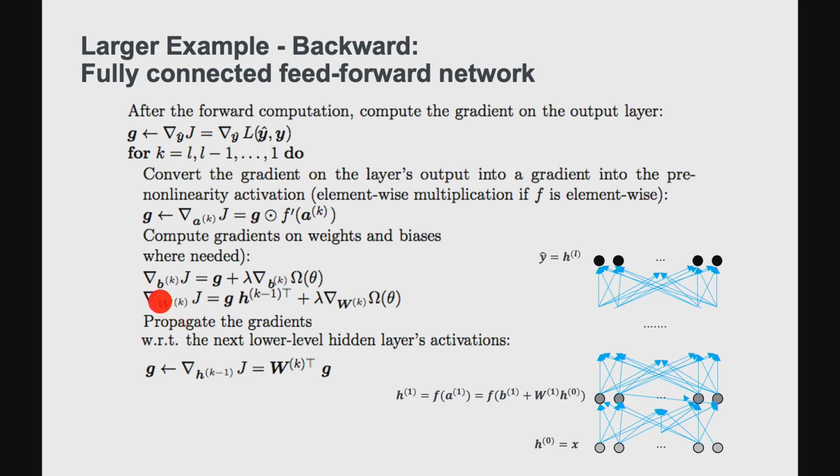The weight matrices at the kth layer, the bias vectors at the kth layer. What I always want here is the gradient of the bias or the gradient of the weight matrix at this layer as it influences the loss value j.